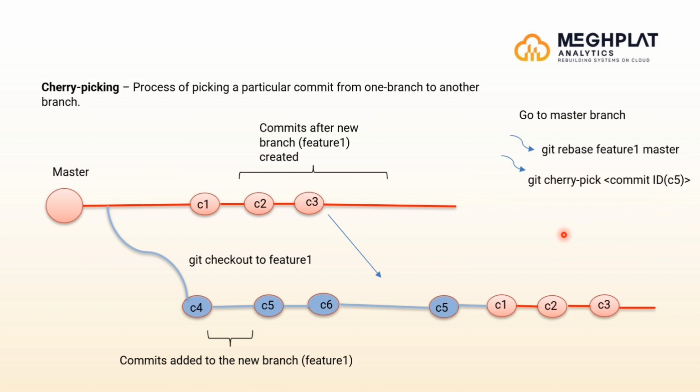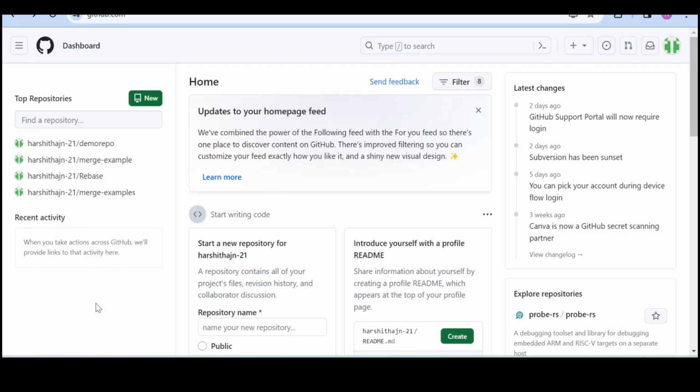We also need to be conscious that to bring a commit from the feature branch to the master branch, we have to go to the master branch and then use the cherry-pick command with the commit id. So in the final branch we will have C1, C2, C3 and C5.